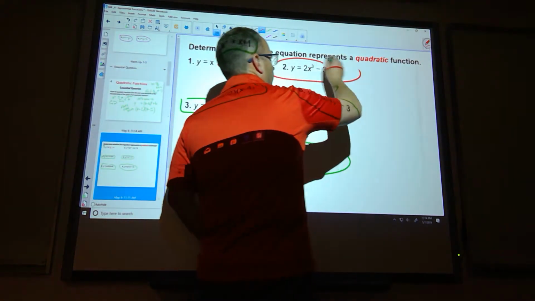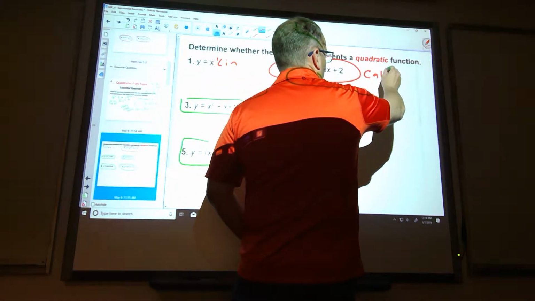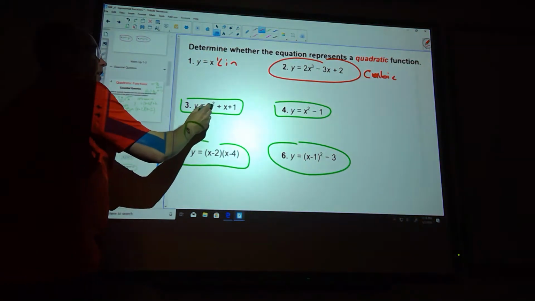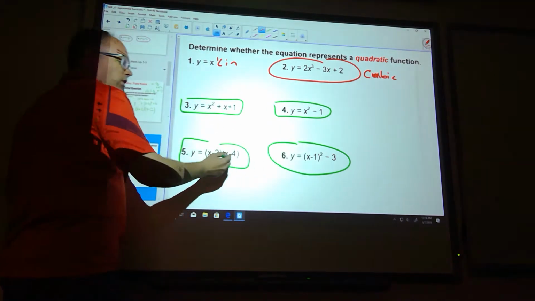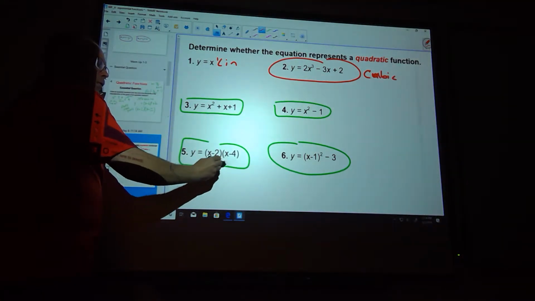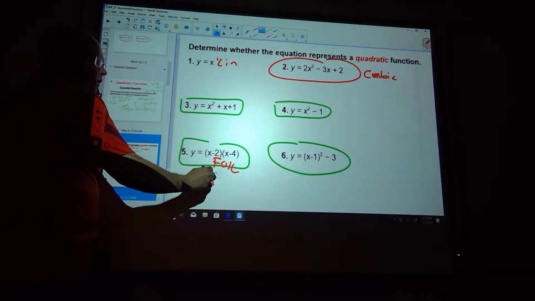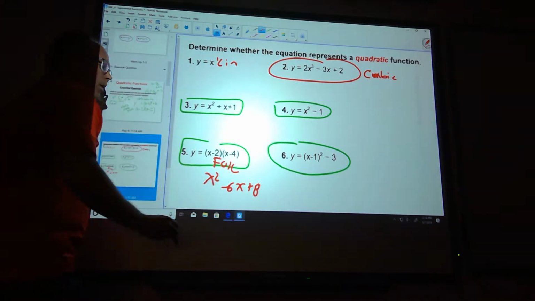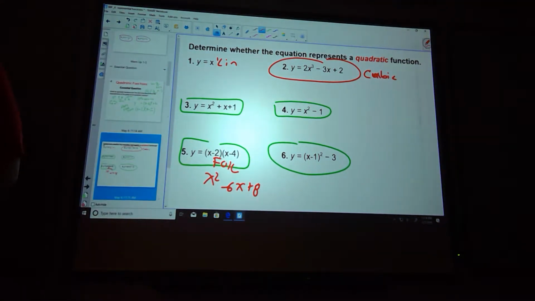This is cubic, if you wanted to get real fancy. This is raised to the third. So realize x squared, x squared, x squared. Hey, where's the x squared here? Yeah, if you FOIL this out, you get x squared minus 6x plus 8. If you FOILed it out, that's where the x squared comes from. Okay?